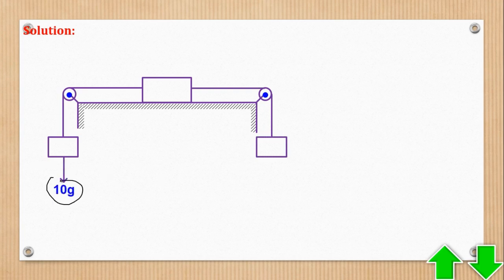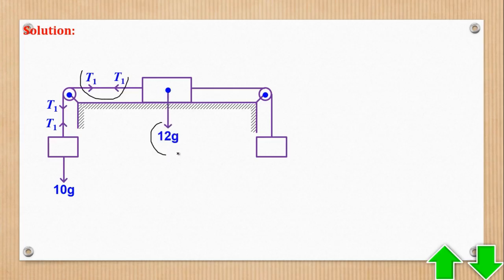Here it is 10 kilograms, so the weight is 10g, and the tensions will act inward, facing each other. Here they also face each other. For this mass, there's weight, and because of this weight, there is no reaction. Then here there is weight 8g, and here there will be tension.